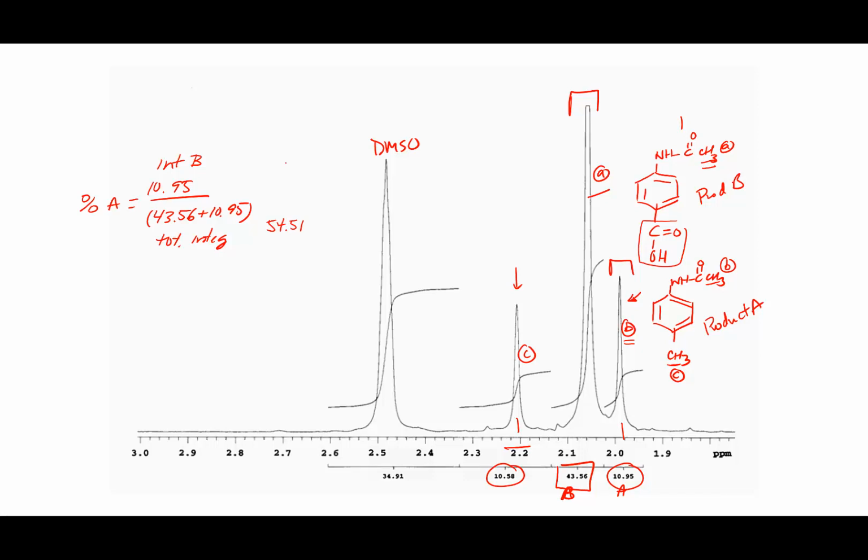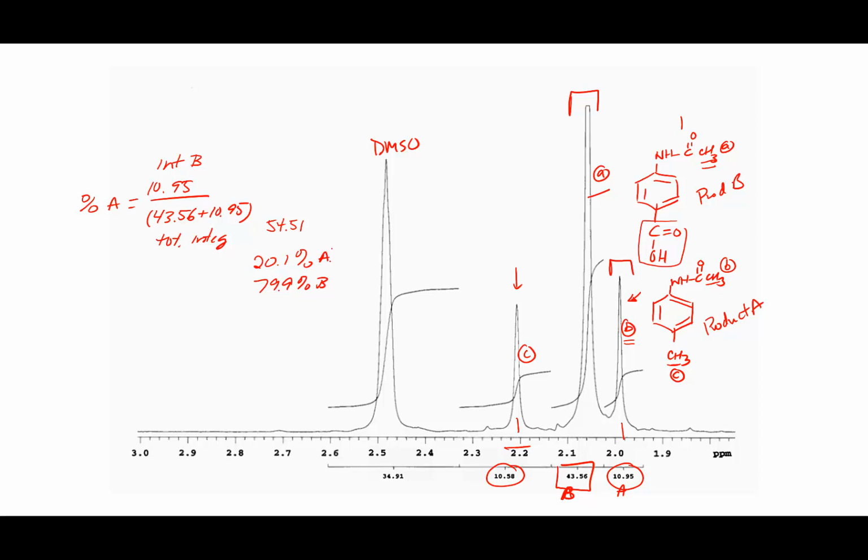So 10.95 divided by 54.51 times 100 equals about 20% product A in this case. So then it would be 79.9% B. You might say, why are they different?